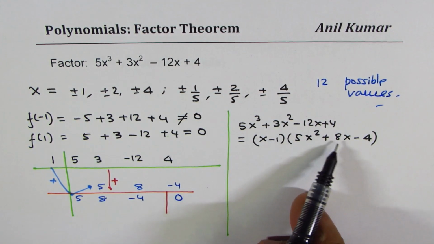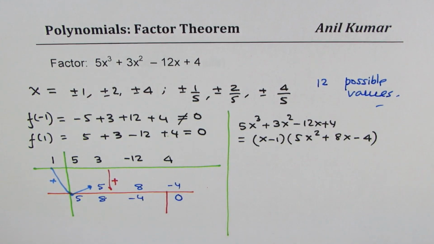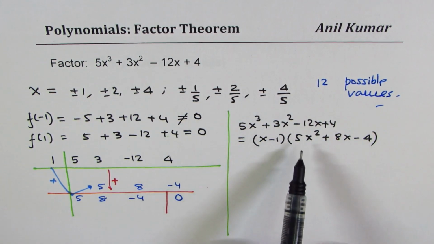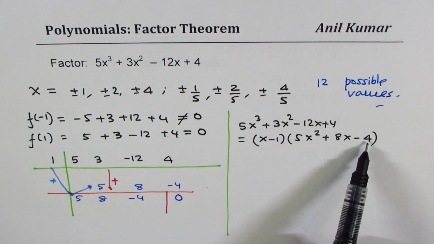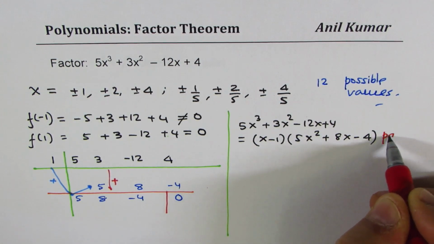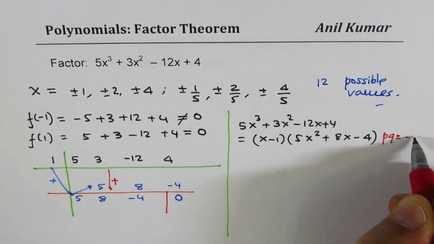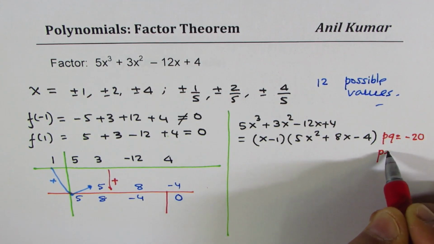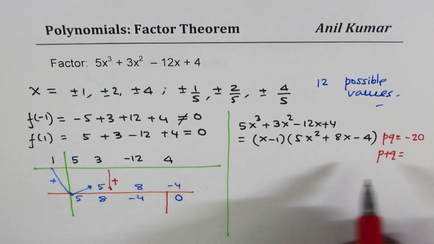Now 5x squared plus 8x minus 4 could be factored, correct? Now here 5 times 4 is 20 with negative sign. So we're looking for numbers p and q whose product is negative 20 and whose sum should be 8.